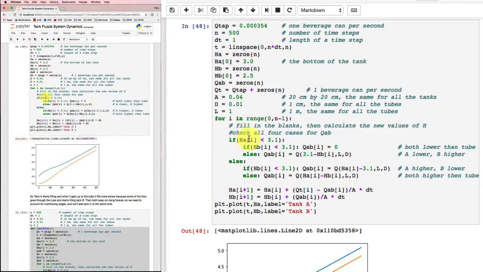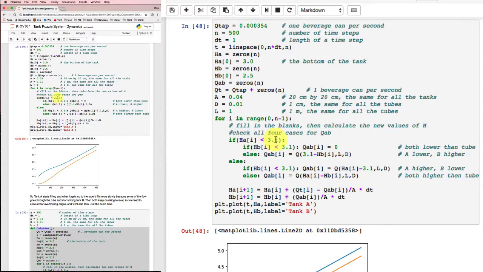If tank A is less than 3.1 and tank B is more than 3.1, then the flow rate's going to depend on the elevation difference between the tube and the height of tank B and the length and diameter. So this is going to wind up being 3.1 minus HB. That'll actually be a negative number, and the flow rate will go backwards from B to A. I don't think that's ever going to happen, but I built it into my code.